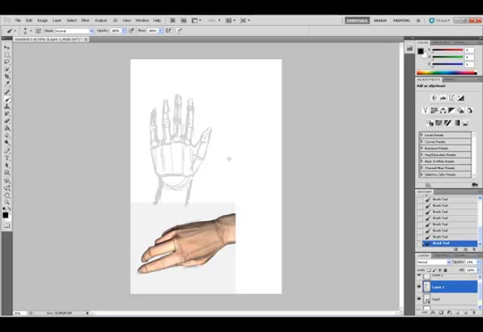Now, when you're drawing in a perspective like that, you want to keep in mind the rules of perspective. As an object is further away from you, it goes back in perspective to a vanishing point. So this would go into a vanishing point. All of these go to the same vanishing point.